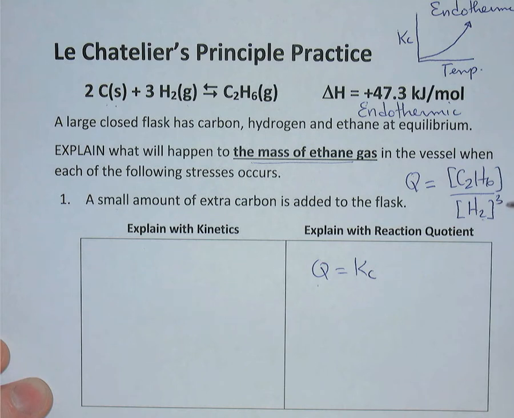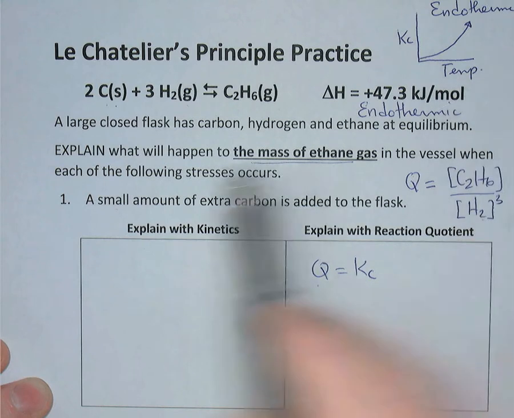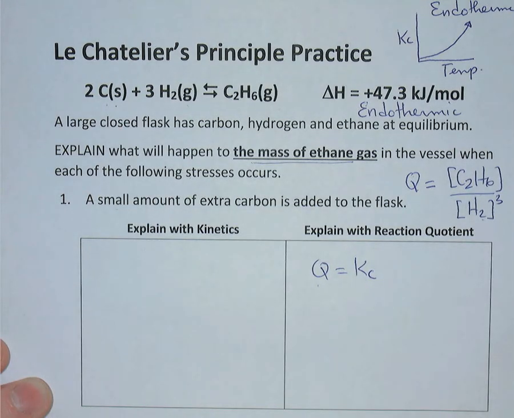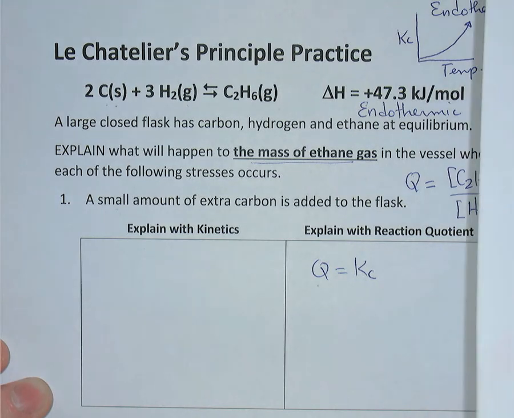None of the concentrations would be affected by changing the temperature, so Q does not change. So Kc is larger, but Q did not change, that means Q will end up less than Kc. When Q is less than Kc, the reaction shifts in the forward direction, and you'll end up with more ethane gas at equilibrium.